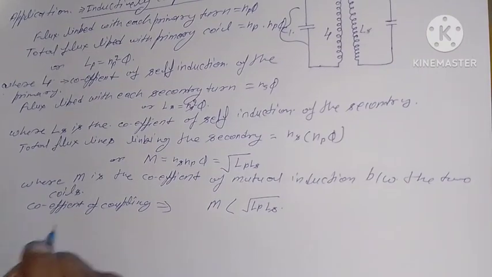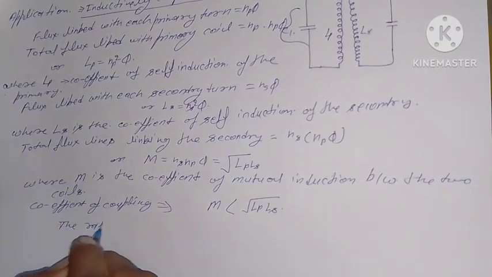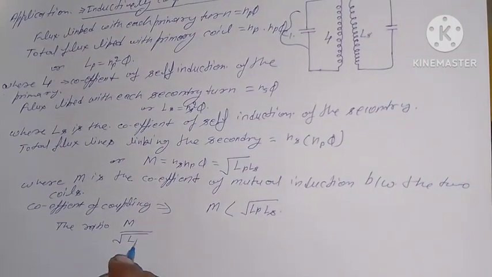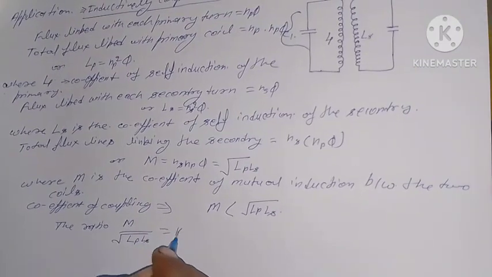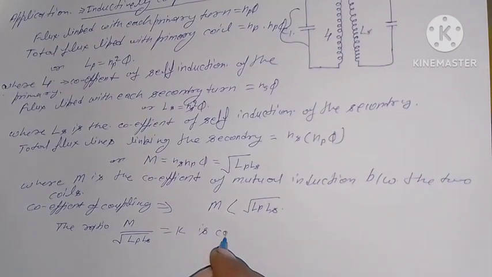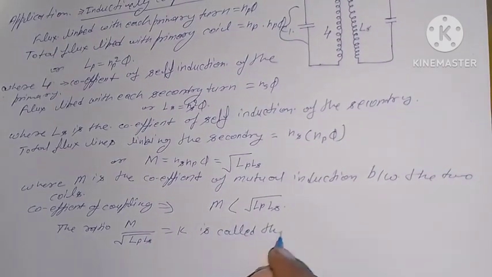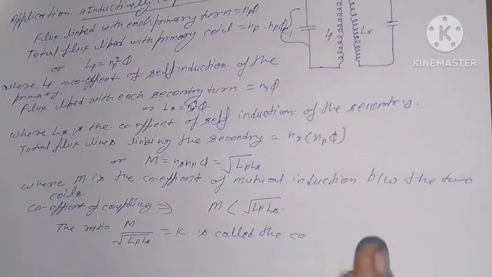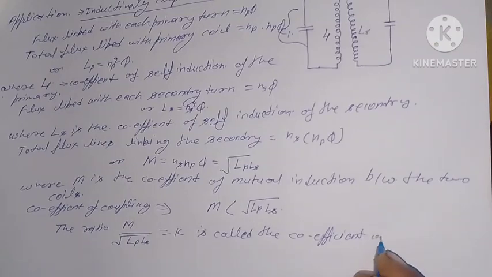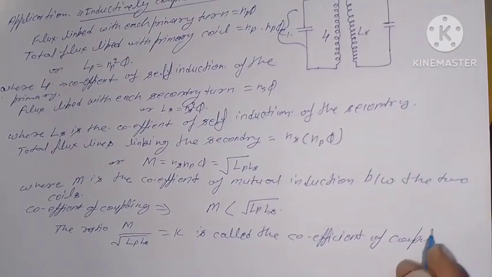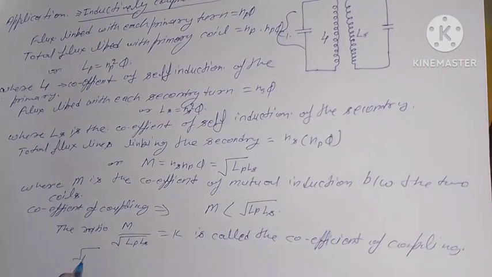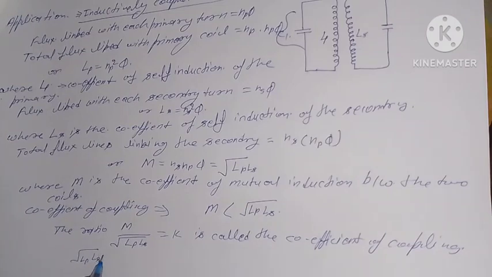The ratio M upon under root of LP LS equals K, which is called the coefficient of coupling.